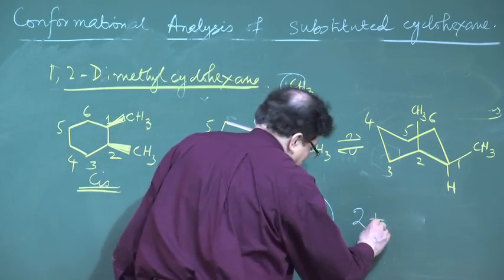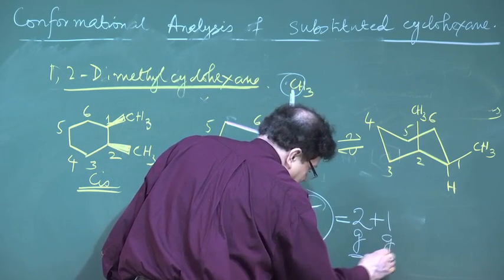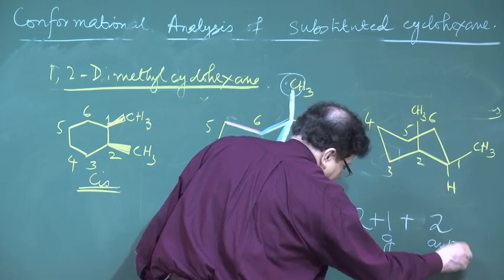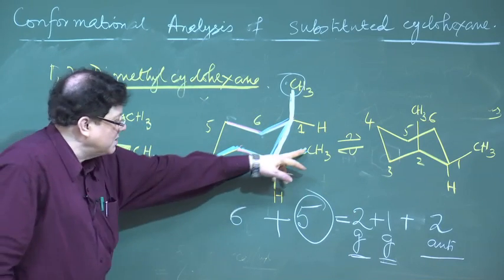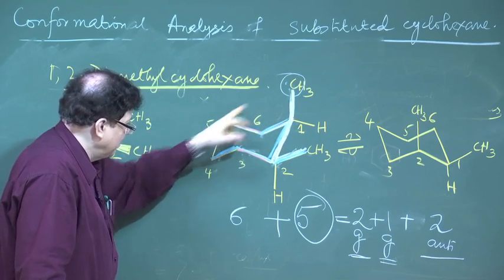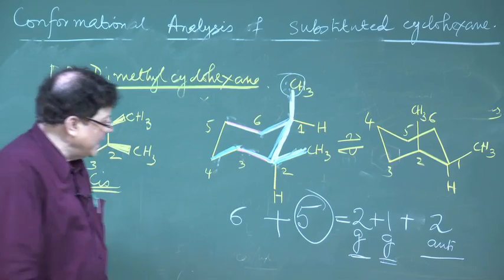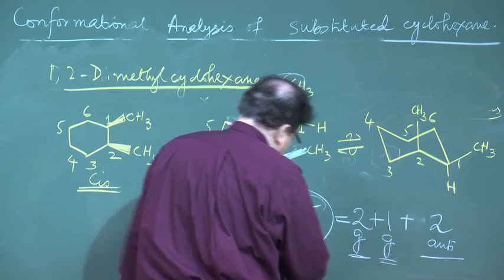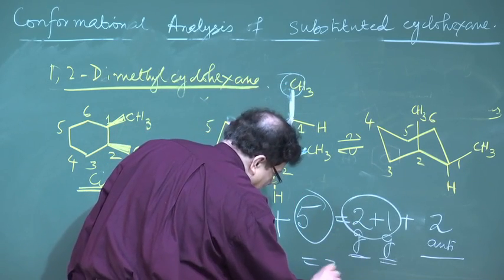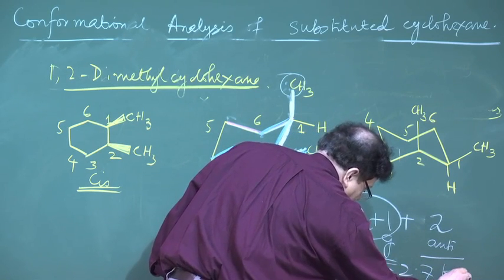So, 2 in the gauche unit, 1 is in the gauche, that is the mutual, and the rest 2 are in the anti. I hope this is clear. So, these are the anti, these are the gauche, and the mutual one is also in the gauche form. So, the extra energy over a cyclohexane is 2 plus 1, that means 3 into 0.9, so 2.7 kilocalorie per mole.